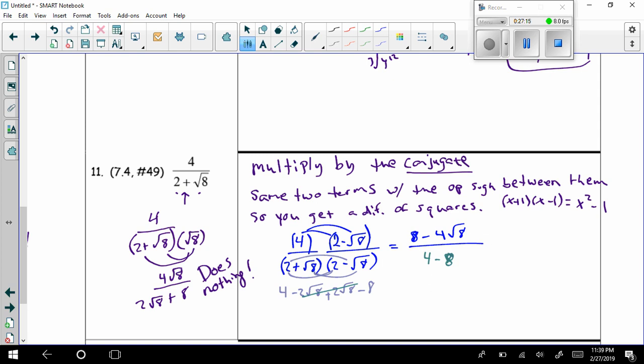So a couple things left to do on this problem, and that is to break this down. This is 4 times 2. So the square root of 4 comes out. So 8 minus 4 times 2, square root 2, over negative 4.